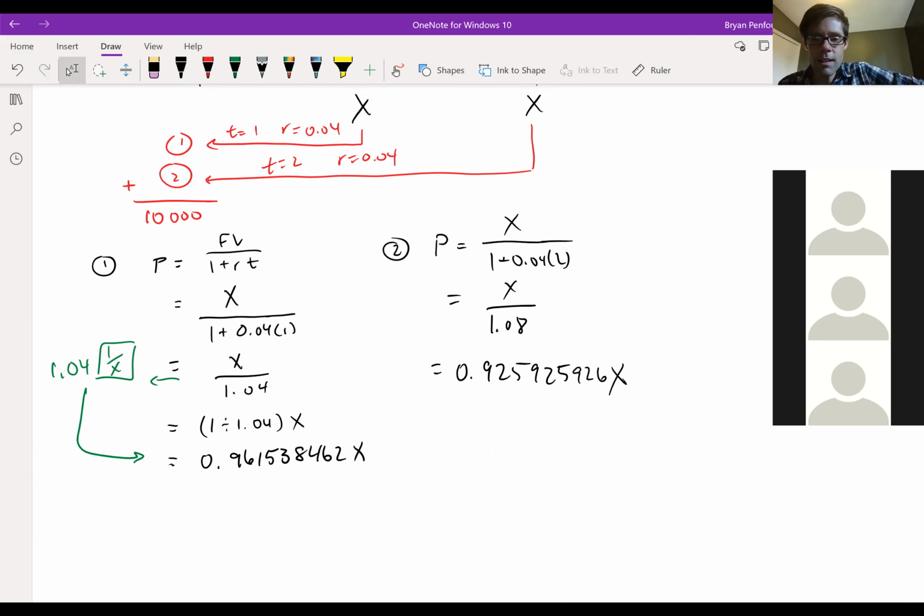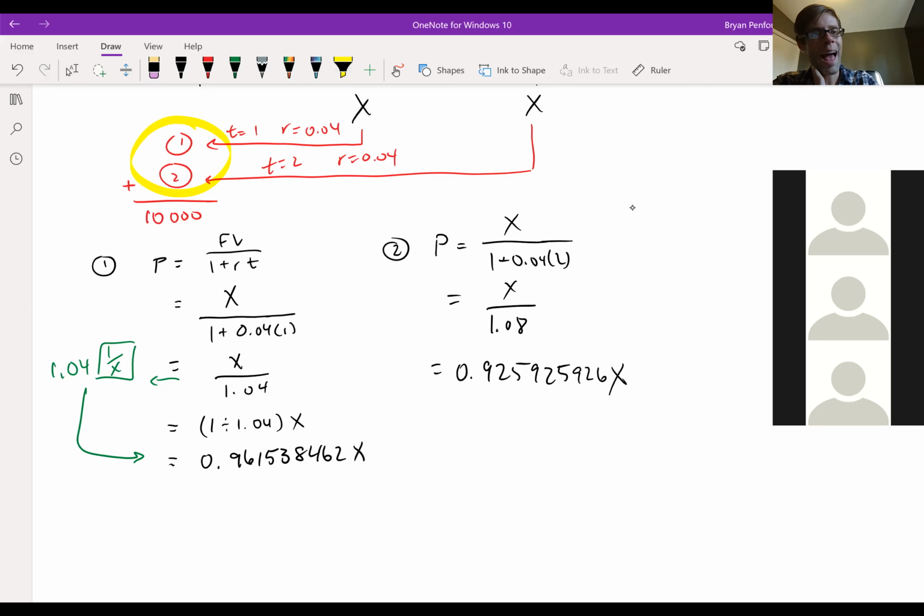Alexander, if you round to 5 decimals, let me know how close your final answer is when we do the division. I'm hoping it won't make too much of a difference, but the larger some of these numbers get, the more fluctuation in the tens or the hundreds column you can get with these decimal numbers. Okay, so those are the 2 calculations that we need to do up here.